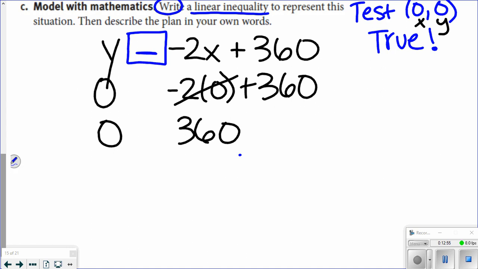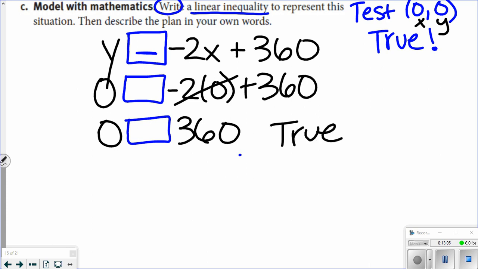And I'm trying to figure out what sign goes in my box here to make this a true statement. So is 0 greater than 360? No, that would be false. So my sign here has to be less than. So y is less than or equal to -2x plus 360.